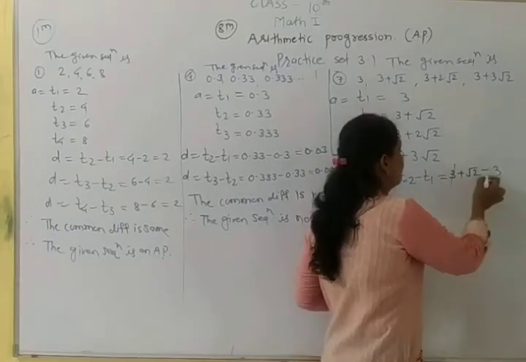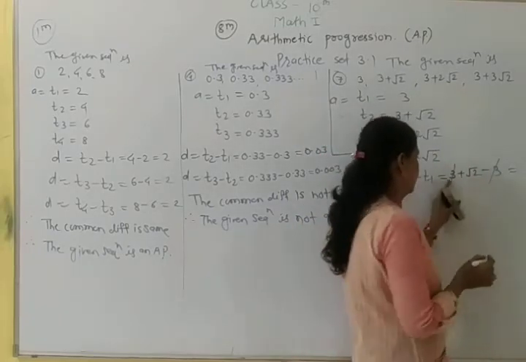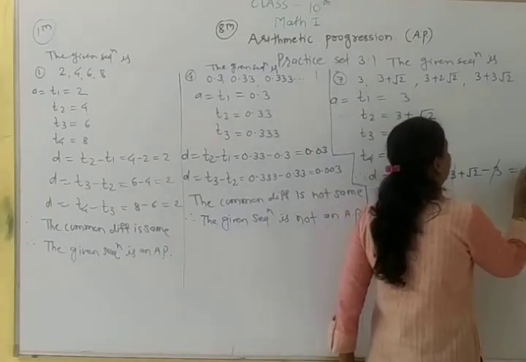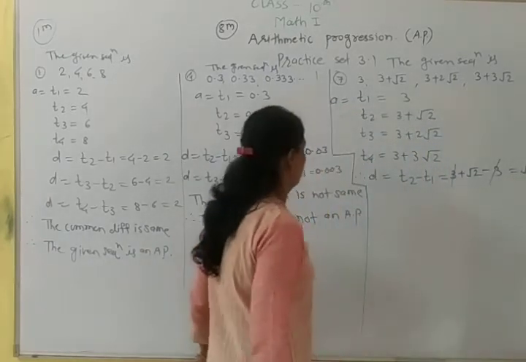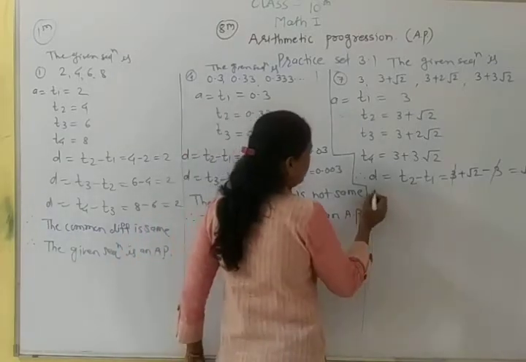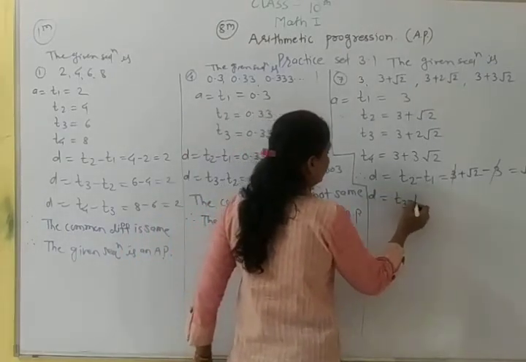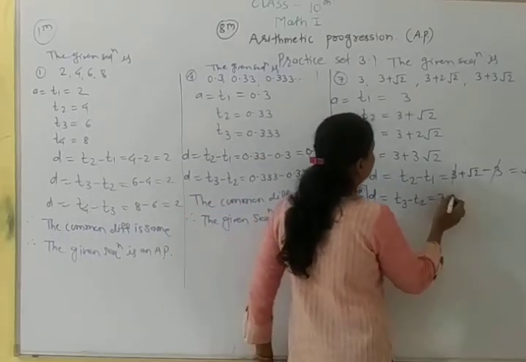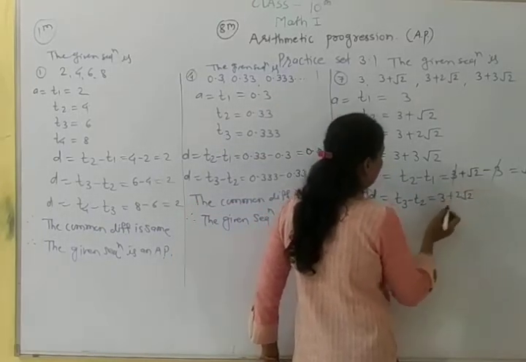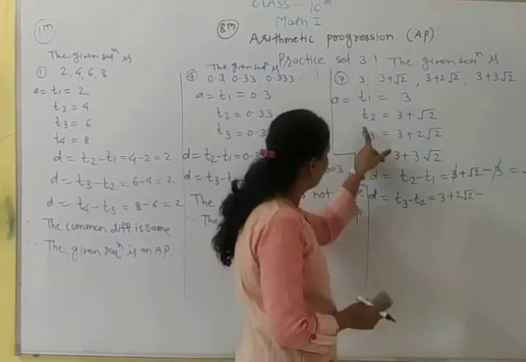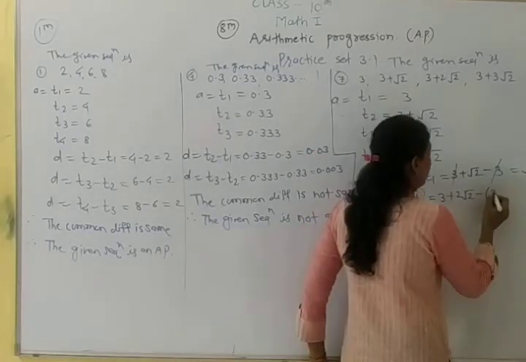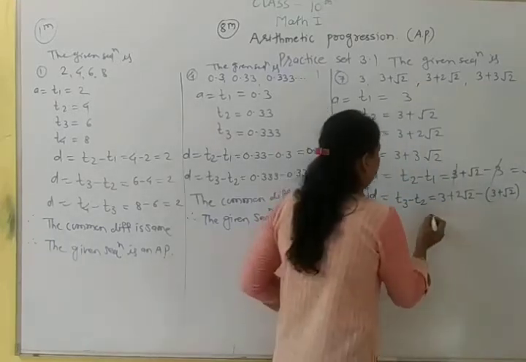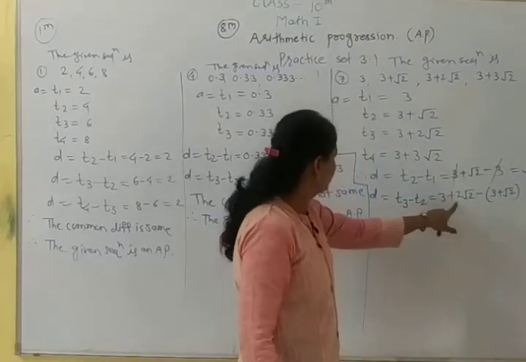Here 3 and 3 will get cancelled. 3 minus 3, 0. Here the difference is root 2. Again D equal to T3 minus T2. T3 is 3 plus 2 root 2 minus T2, which is 3 plus root 2. So write down in bracket 3 plus root 2 and solve this.